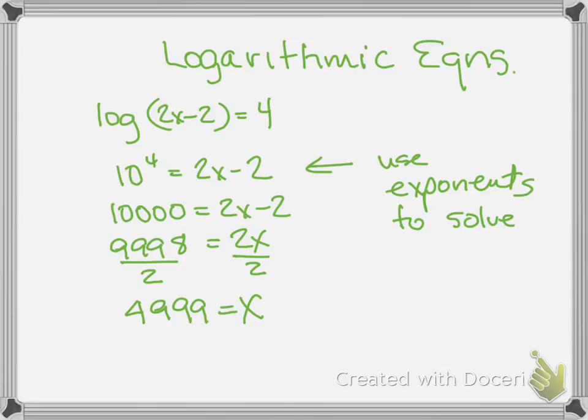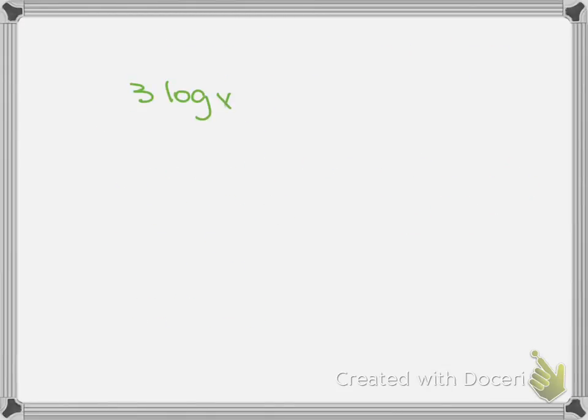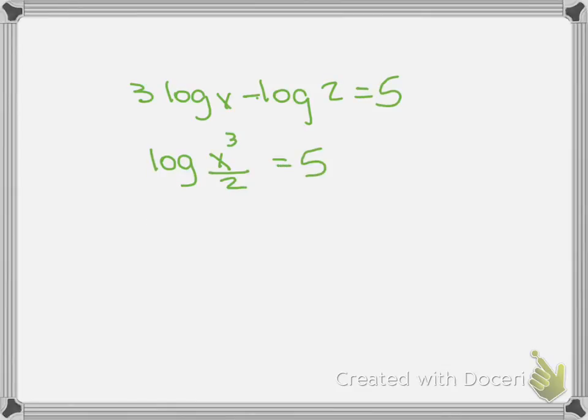Notice after that very first step here, once you rewrote it as an exponent, look how simple it becomes. It's quite an elegant way to manipulate an equation. First thing we do here is we write it as a single log, then we rewrite it as an exponent, and we solve.